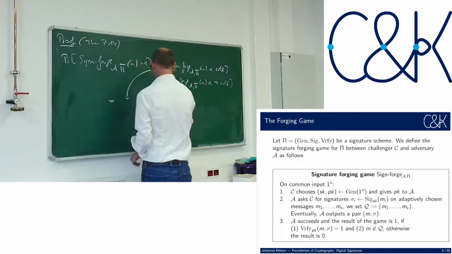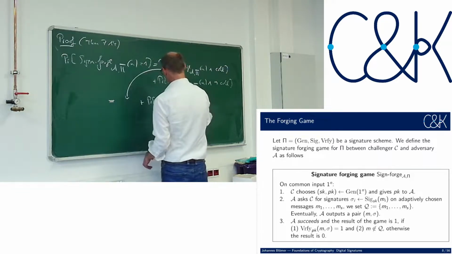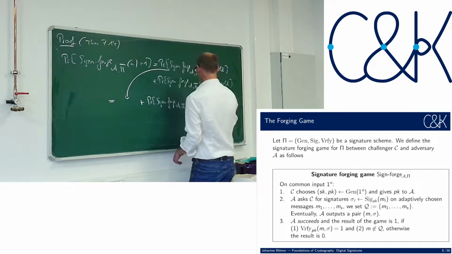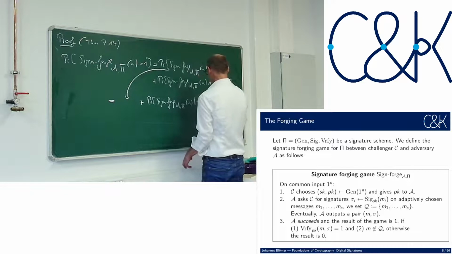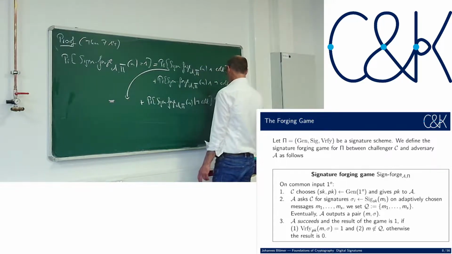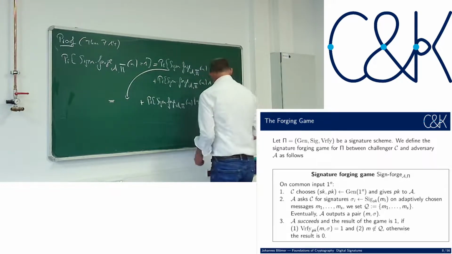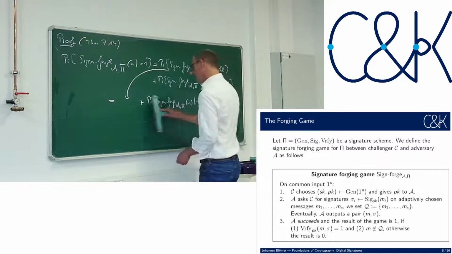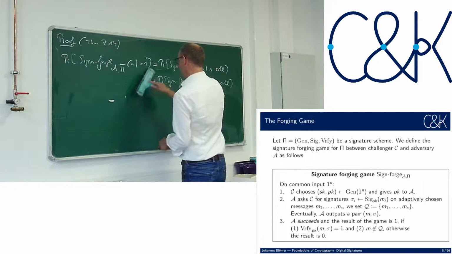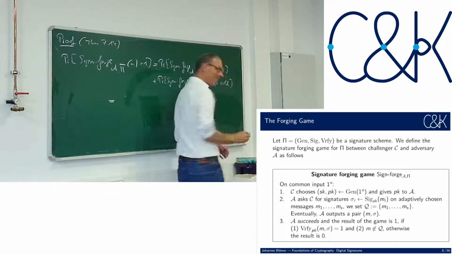So this is copied, and then here I use the probability of sign forge A, pi of n, conditioned on non-collision times the probability for no. Oops, this is the wrong way around. I will copy this here, sorry.